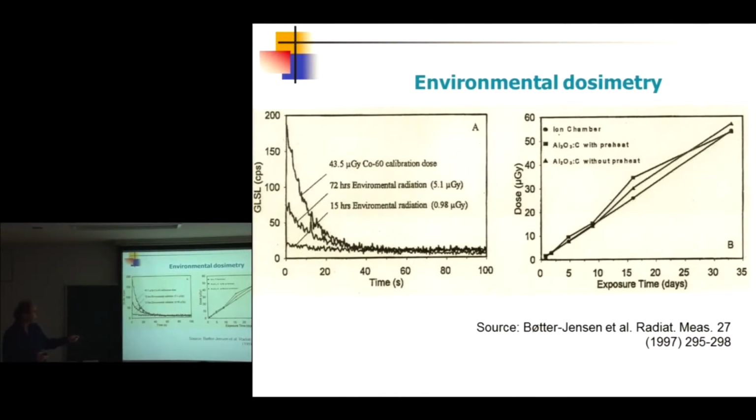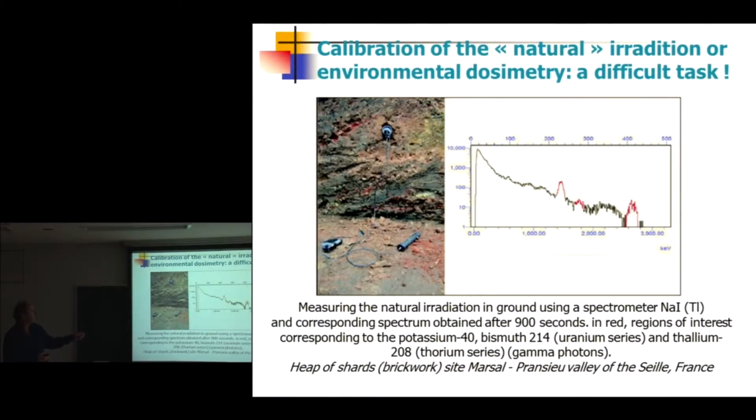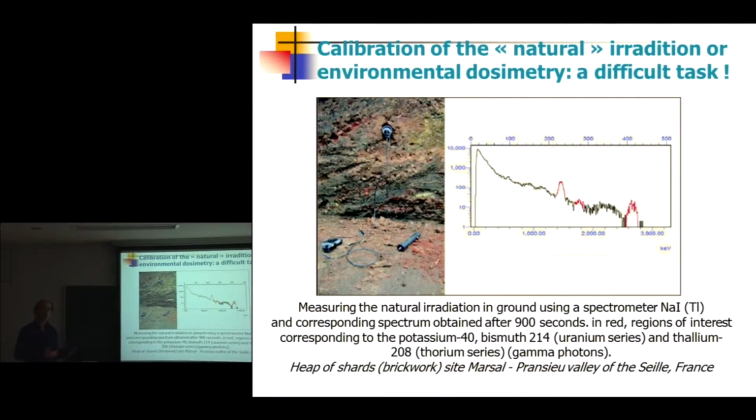So you can do some kind of artificial irradiation like that to approximately know what the environmental irradiation was. In the lab, you can try to simulate the radiation coming from the field, from the exact field.